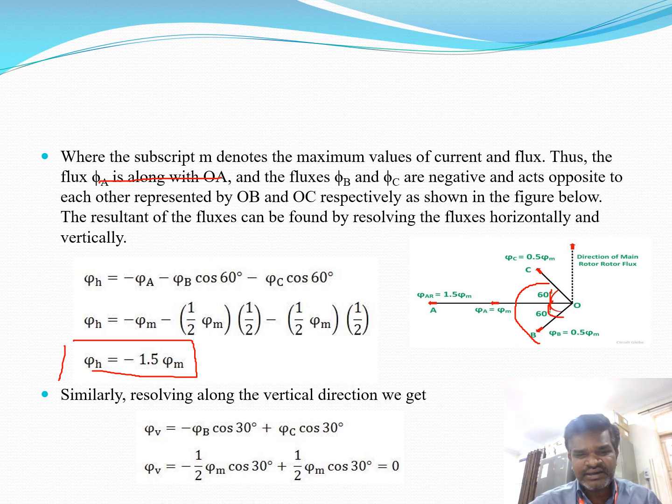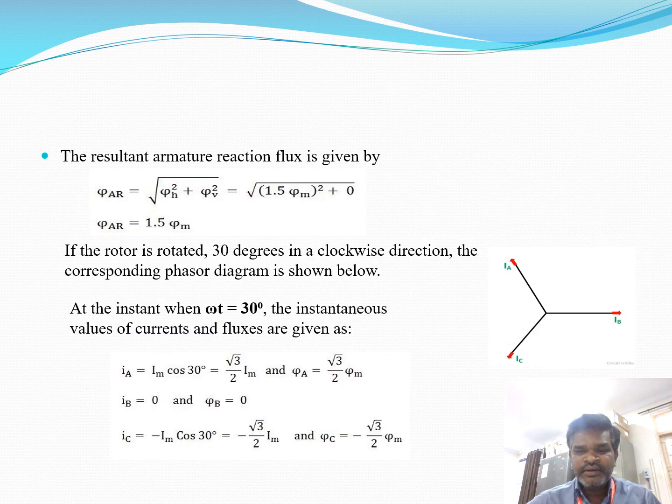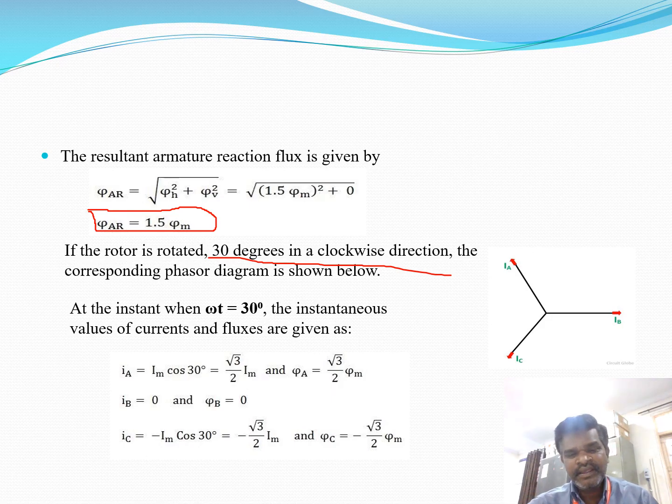We can calculate it for any degree. So the resultant armature reaction flux is given by 1.5 times the maximum flux. If the rotor is rotated 30 degrees in clockwise direction, the corresponding phasor diagram is like this.